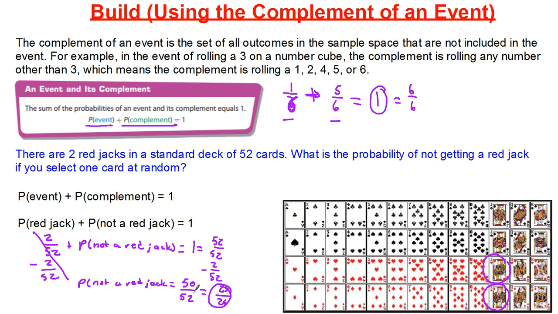So the probability that you will not draw a red jack is 25 out of 26. It is likely that you will not select a red jack here. And that's how using the complement of an event works. We'll do a lot of practice with all of this in class tomorrow.